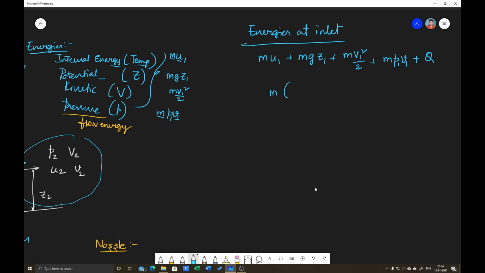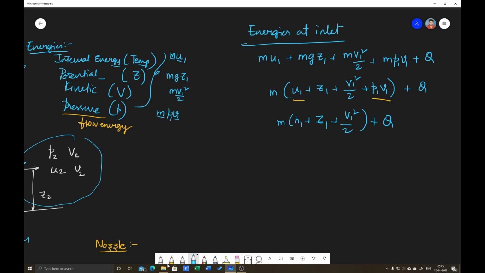If you take m common, it will be u1 plus z1 plus v1 square by 2 plus p1 v1 plus q. So here u1 plus p1 v1 can be written as h1. So m into h1 plus z1 plus v1 square by 2 plus q.